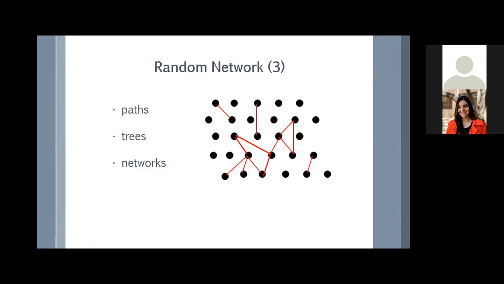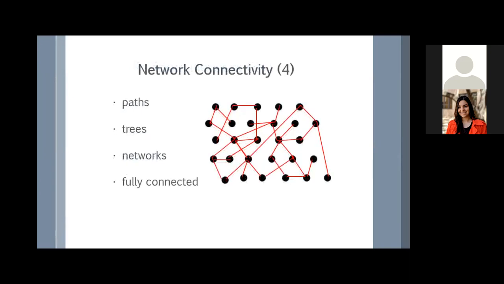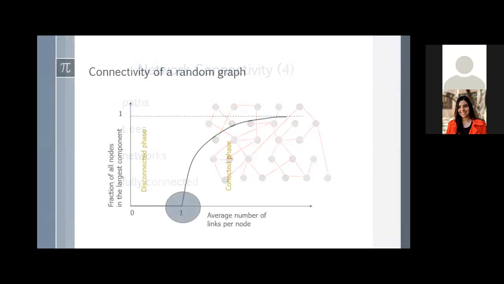So the giant component takes over the whole graph, okay? The process would continue, and finally at some stage I get a picture where every node is assimilated by the giant component.